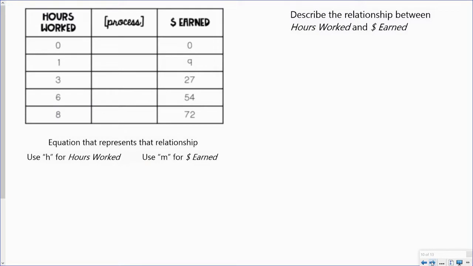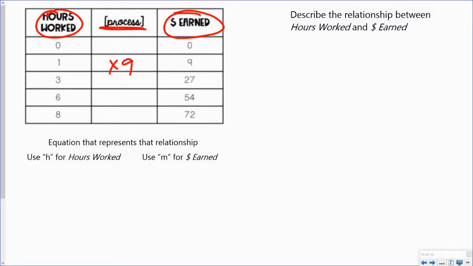So here I have a ratio table, and I'm going to take a look at my hours worked, and I'm going to see the relationship to the amount of money that I've earned. And the process is, how do I get there? So if I look at 1 and I'm trying to get to 9, I know that I am multiplying by 9.